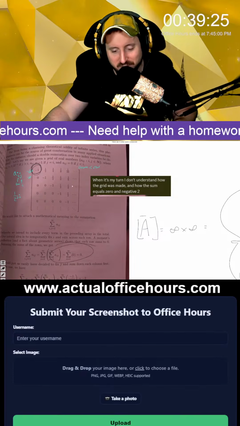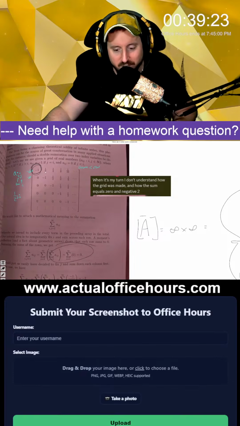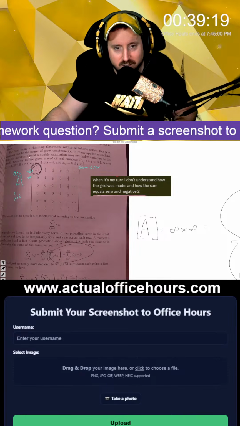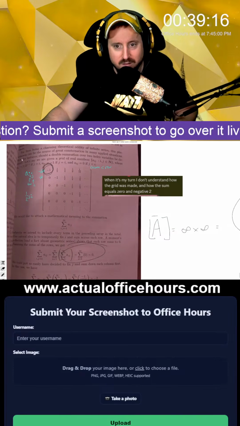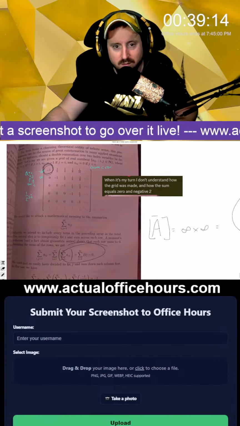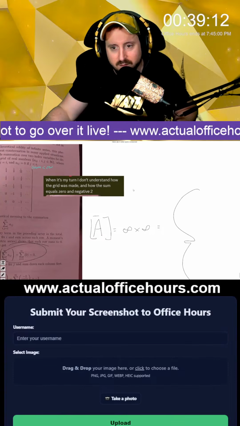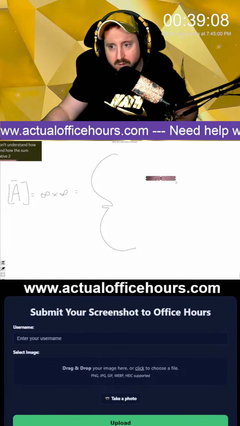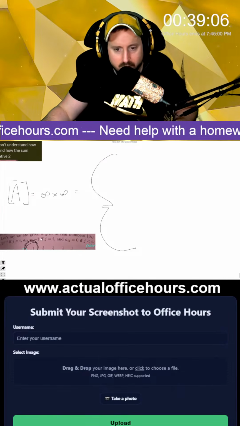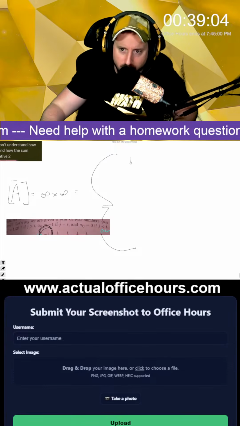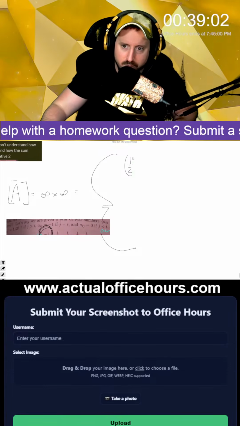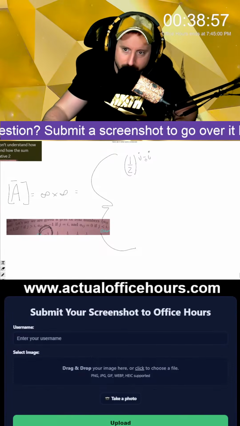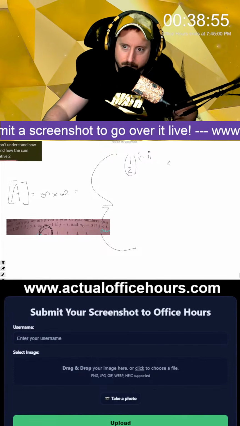Oh, I see what you're going to do. You're just going to add them up to each other, right? No, because we're given a grid. So A_ij: define the matrix as 1 over 2 to the power of j minus i if j is greater than i.